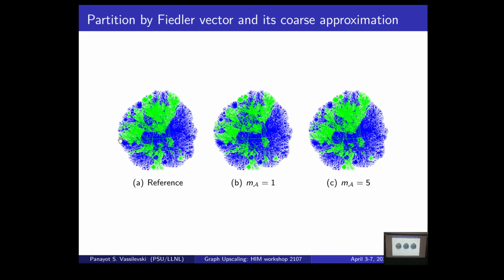So you computed this partitioning, and you use a similar thing on the coarse graph Laplacian, and you see that we get something similar. It's not exact, but it captures the features of the original partitioning. If you put in more degrees of freedom, you get better resolution, of course. It's much closer to that one. And this is a nonlinear problem, for which we actually don't have a theory, but for the linear one, we do. All right.